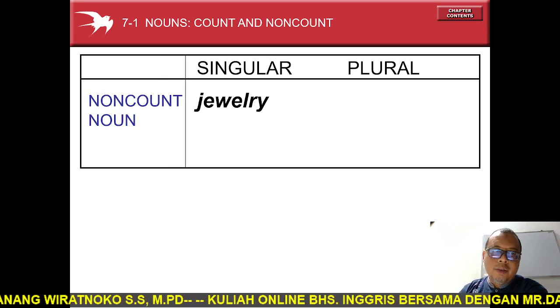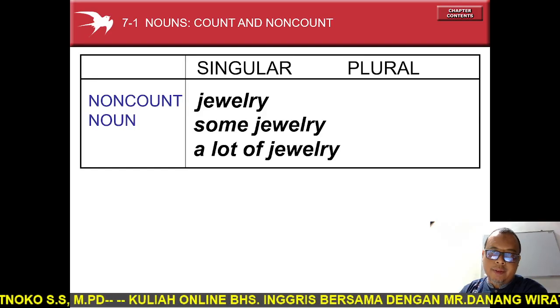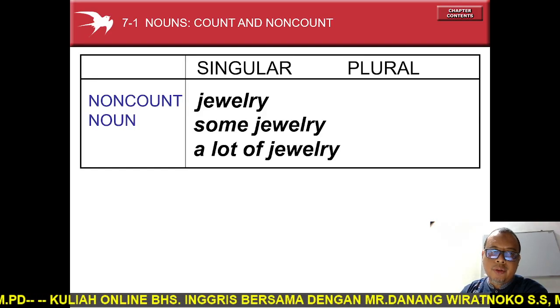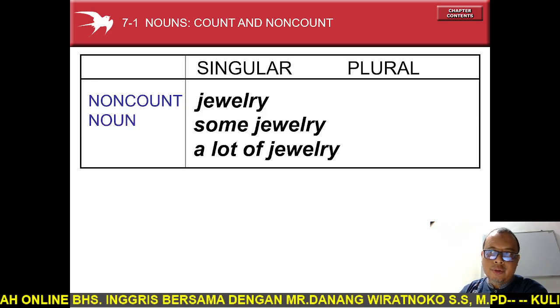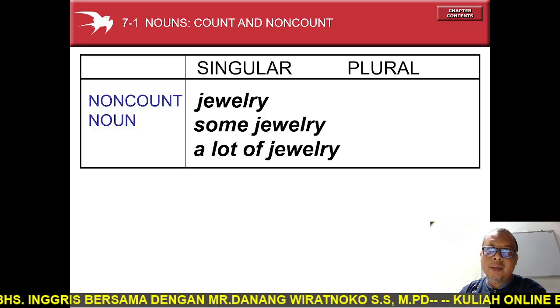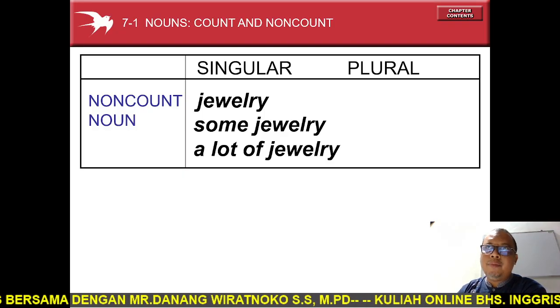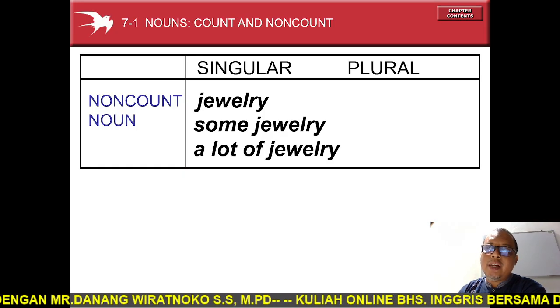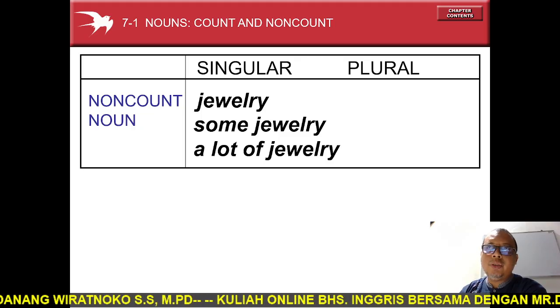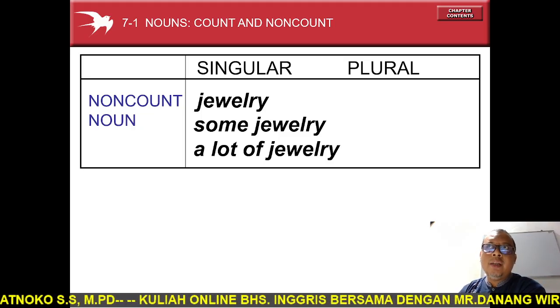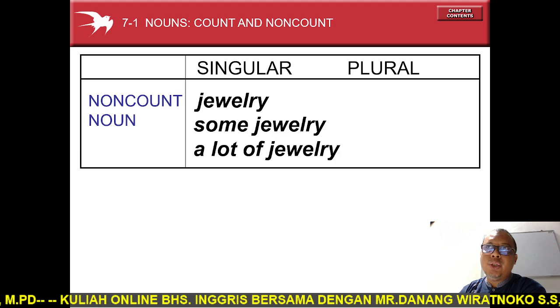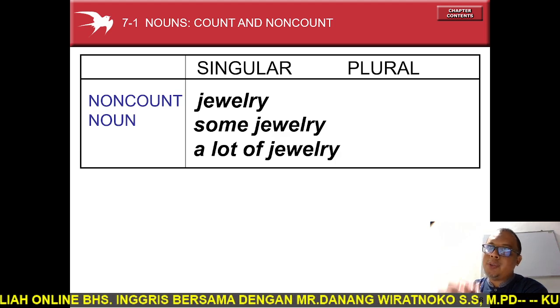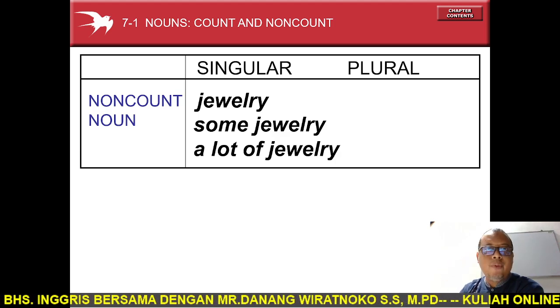Okay, uncountable noun, we have jewelry. We cannot count the jewelry. Basically, when there are bracelet and then necklace and then earrings, those are called jewelry. We don't say jewelries or one jewelry. If it's only one earring, yes, we can say one earring.